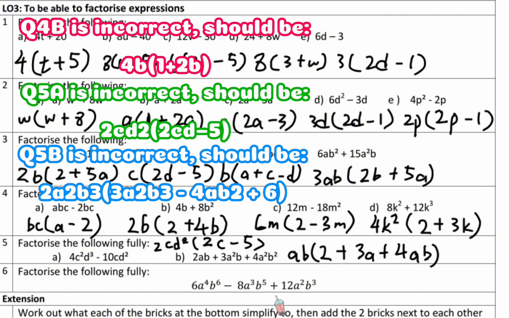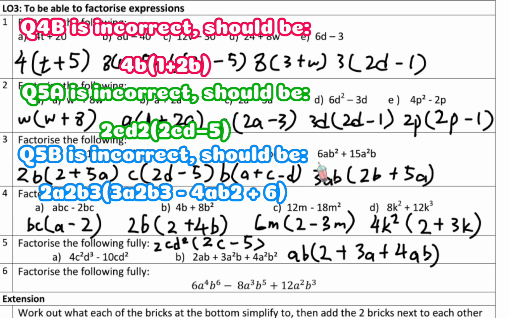Now for question 6. 6a to the power of 4 and b to the power of 6, minus a to the power of 8... to the power of 3, b to the power of 5, plus 12a to the power of 2 and b to the power of 3.